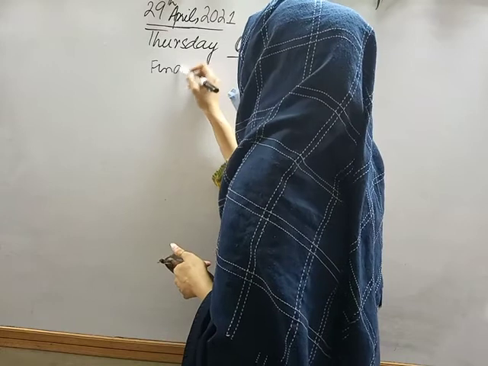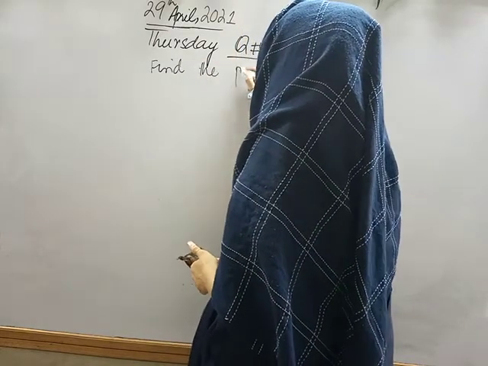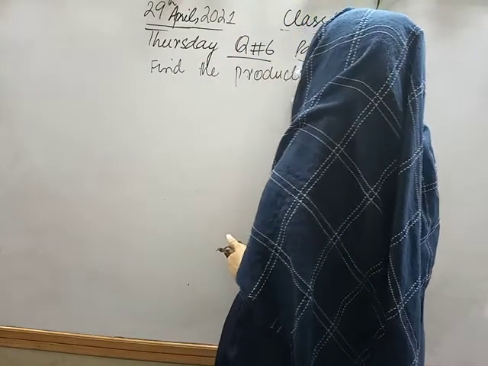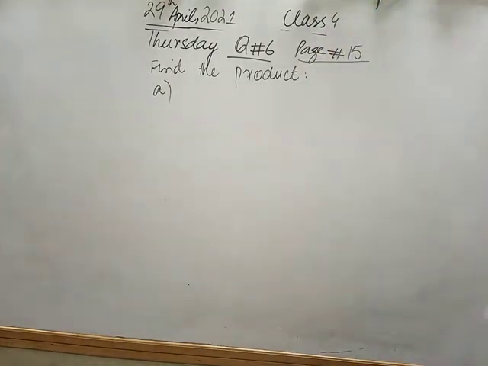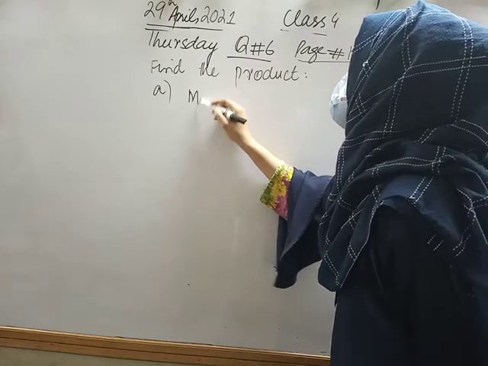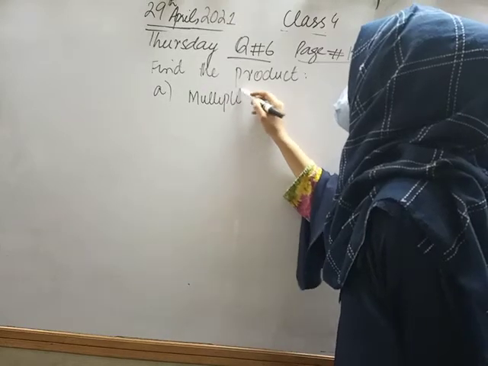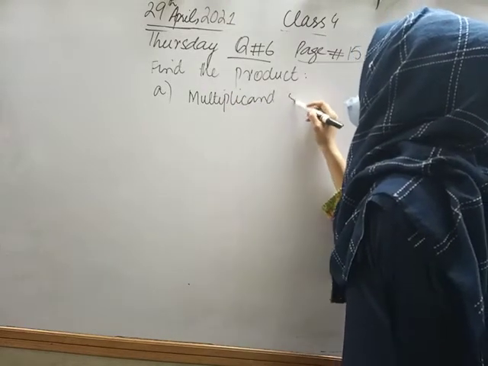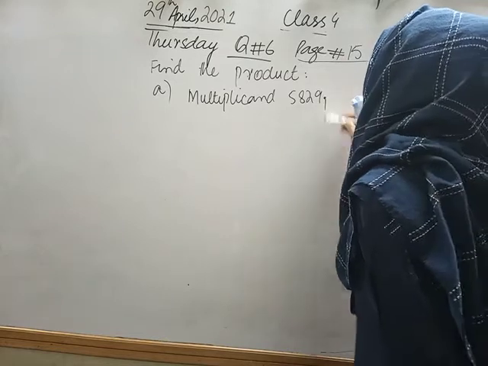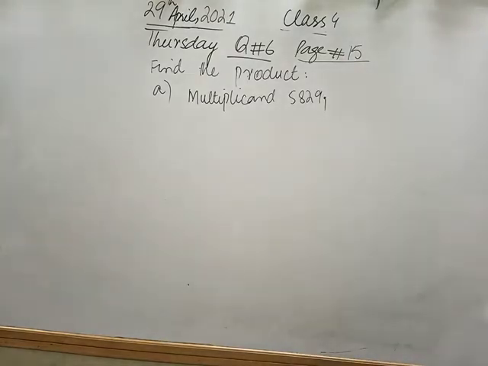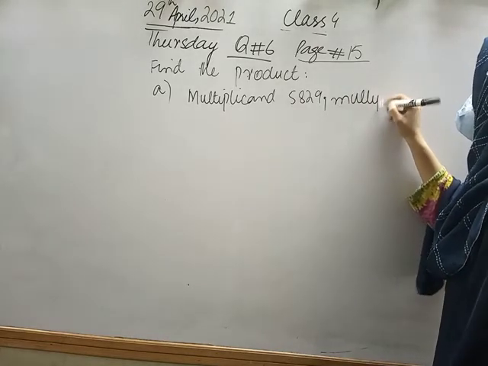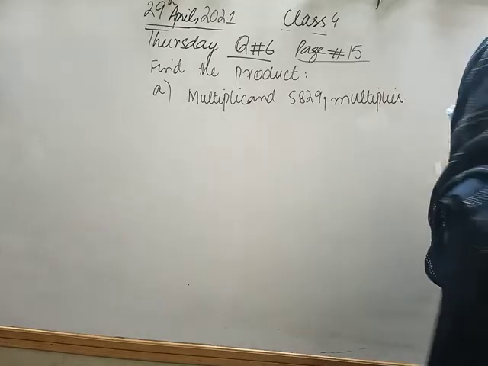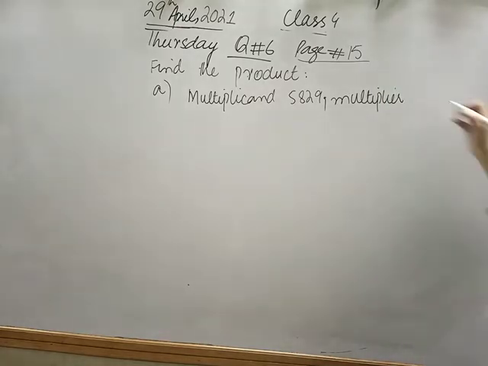Part A, multiplicand 5829 and multiplier is 431.